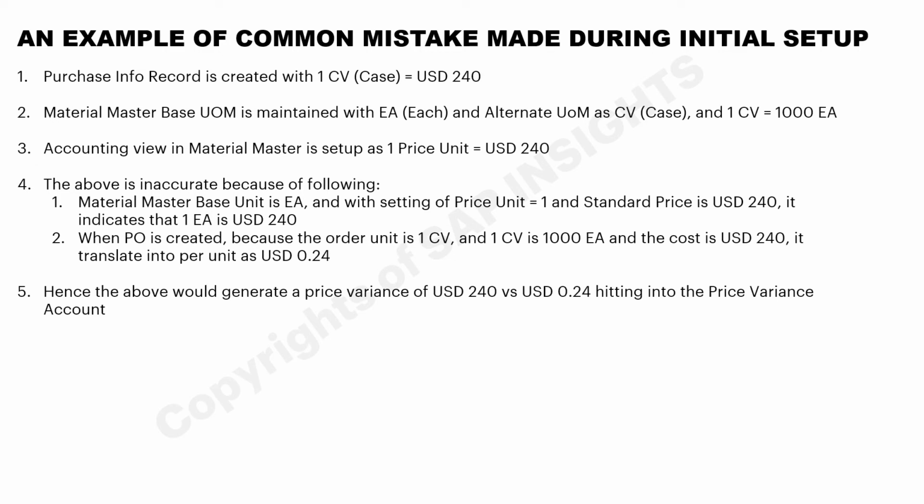Now, if we set the material master as $240 and the purchase order gets created based on this purchase info record, when you do a goods receipt, that's where the price variance will be generated.